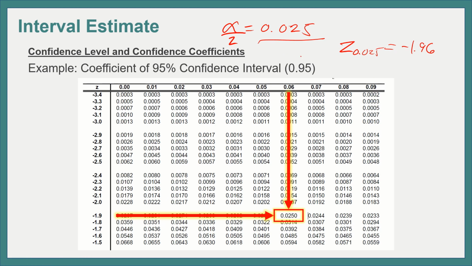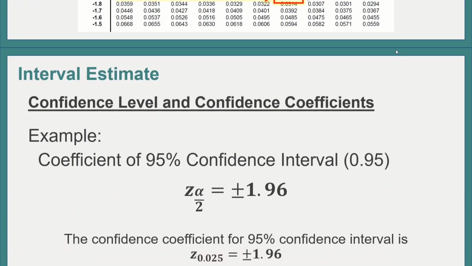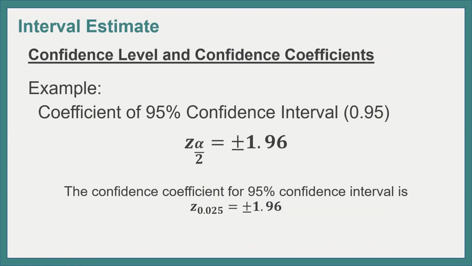And by applying the property of normal distribution, the other half, the area corresponding to 0.025, is positive 1.96. So therefore, the z value or the confidence coefficient for 95%, or the critical value for the 95% confidence interval, is positive negative 1.96. So the confidence coefficient for 95% confidence interval is positive negative 1.96.